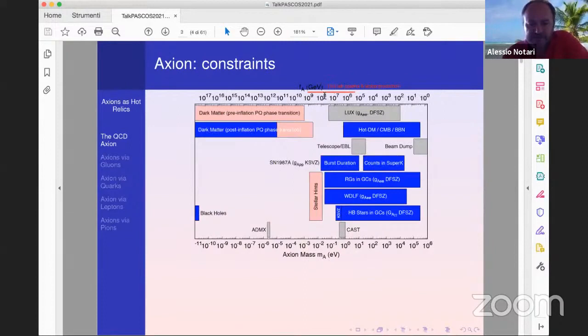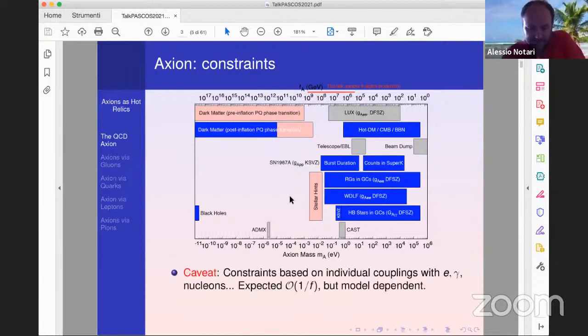I will focus in this talk on the range of F above 10^6, 10^7 GeV up to 10^9, 10^10. So this red band here corresponds to quite high masses. And this is the standard dark matter window. We are just below in terms of F.